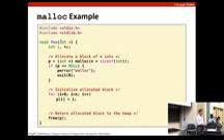So here's an example of how we would use malloc in a simple program. We have a pointer to an int, p, and we call malloc, and we want to allocate an array of n ints. So this is the standard way you call it. We want n ints, and so we call it with n times the size of int, okay, because remember the argument is in bytes. Malloc returns a generic pointer, a void star pointer.